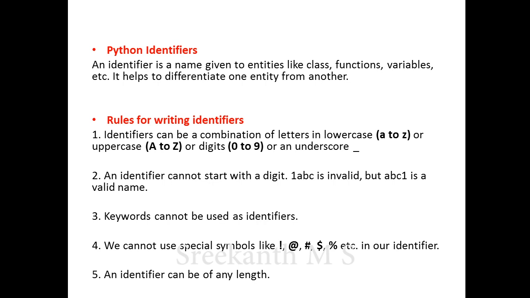So note that it is a case sensitive language. Another thing is, when you name a variable, give some meaningful name, and if there are multiple words in an identifier, separate the words with an underscore, so we can easily identify the meaning of the variable.